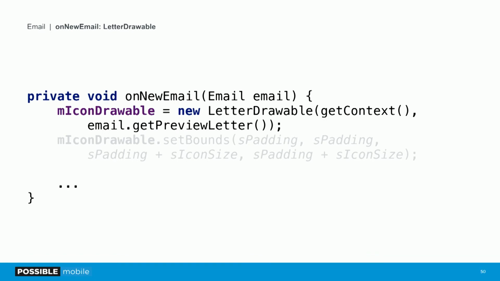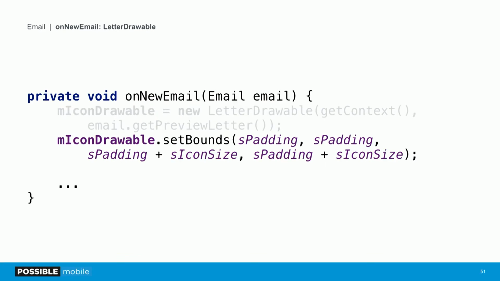So we'll go ahead and create an icon drawable based on whatever preview letter we want to use in that circle. And then, important step, we have to set the bounds in order for this to draw in the right place on our canvas. In this case, we know that the top left will be inset by our padding, and then our bottom and right will just be that top left plus the size of the icon.